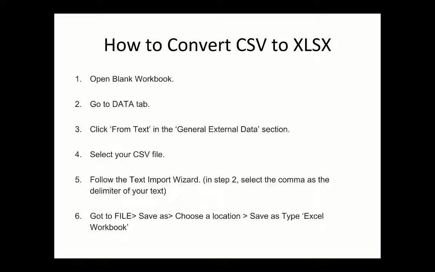Follow the text import wizard and make certain that you select the comma as the delimiter. Now the data should open in Microsoft Excel. Now you can save the file as an Excel workbook by going to File, Save As, choose your desired location, and from the drop-down next to Save As type, choose Excel Workbook.